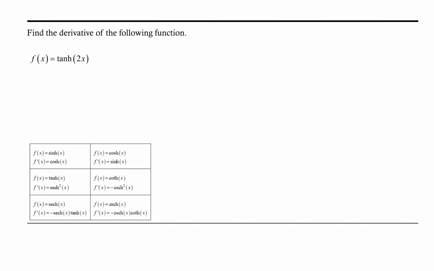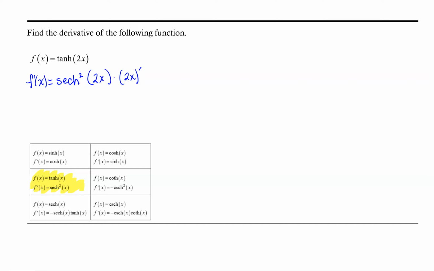In this example, our function is tanh of 2x, and we want to find the derivative. So f prime of x is equal to, now looking at our table here, we can see that the derivative of tanh is sech squared. So when I take my derivative here, I'm going to have sech squared, leave the argument alone, and then multiply by the derivative of that argument.